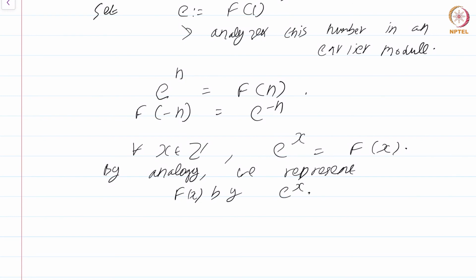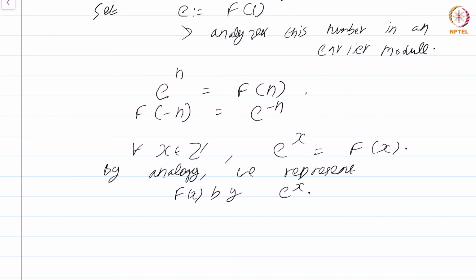Note very carefully what is going on. I am not saying that the function f, whose existence and uniqueness we have proved, is actually exponential with base e power x. That's not what I'm saying. We have not yet defined what e power x means when x is just any real number. We know how to define exponential taking power to a natural number.